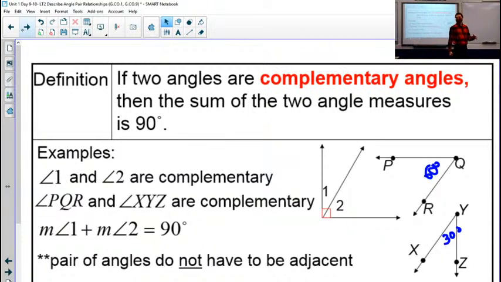The main ones we're going to start looking at are complementary and supplementary, because these 2 are tied very close together. They're very much related to each other. If 2 angles are complementary, then their sum is 90 degrees.